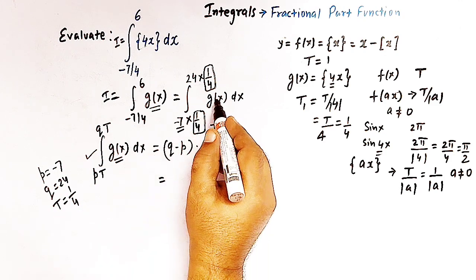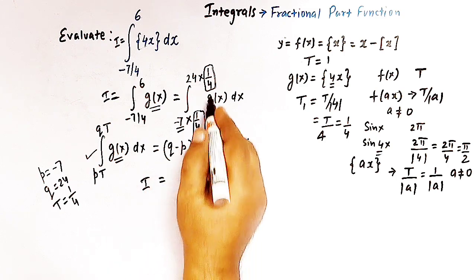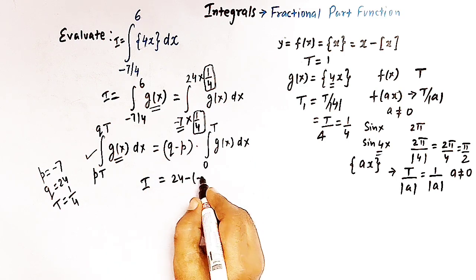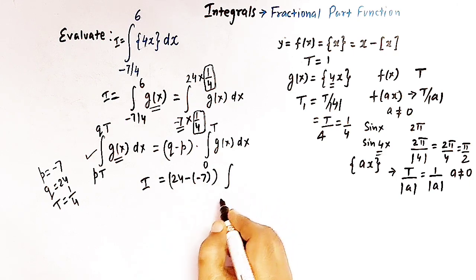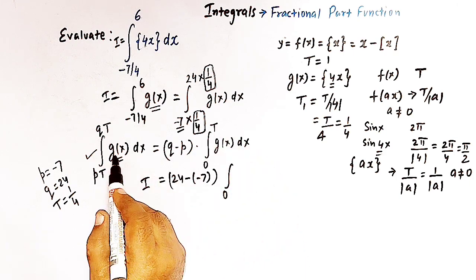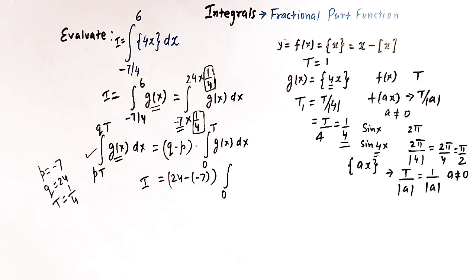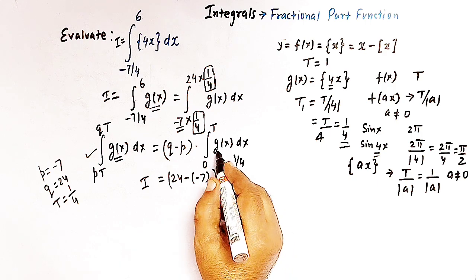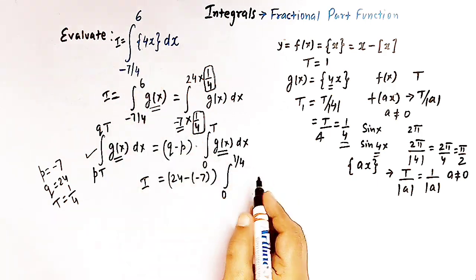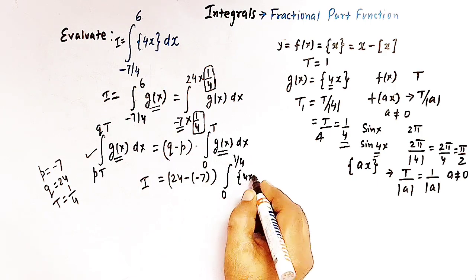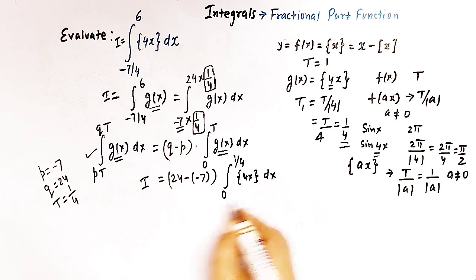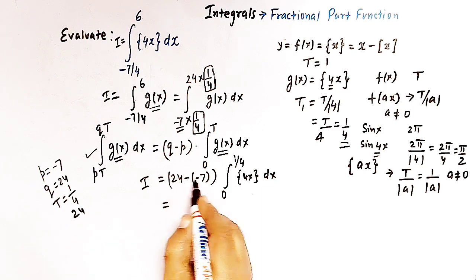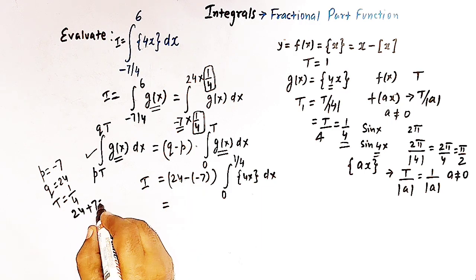So this integral I is now equal to q minus p, that is 24 minus minus 7, times the integral from 0 to t, where t is the period of g of x, so we write 1 by 4, and for g of x we write the fractional part of 4x, dx.